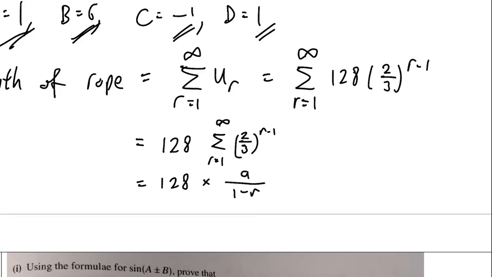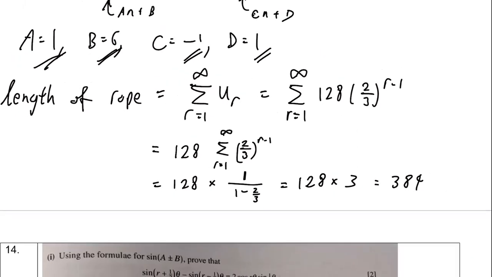The first term is 2/3 to the power of 0, which is just 1, and the common ratio is 2/3. So 1 minus 2/3 is 1/3, and 1 over 1/3 is just 3. So 128 times 3 is 384. That's the sum to infinity, right?